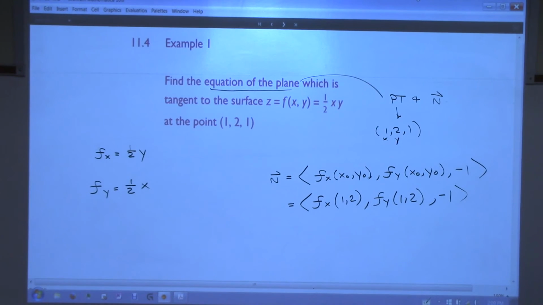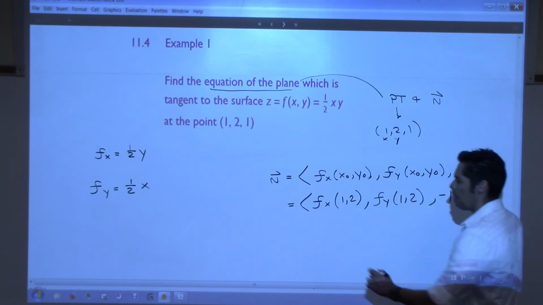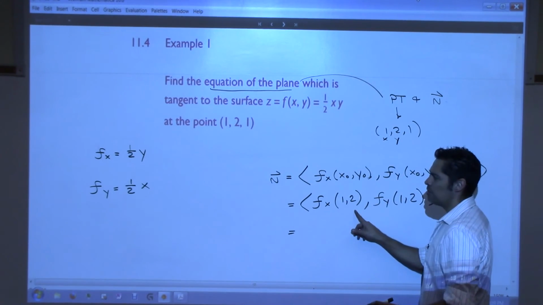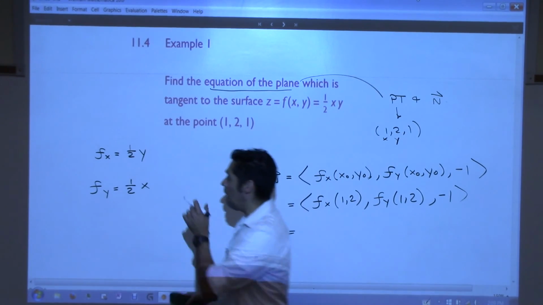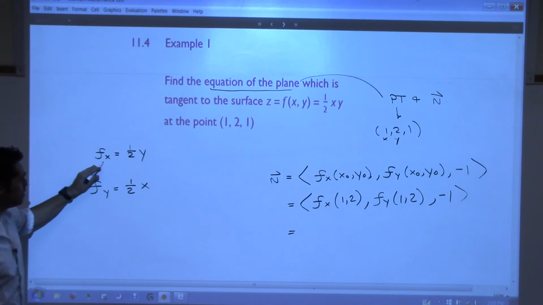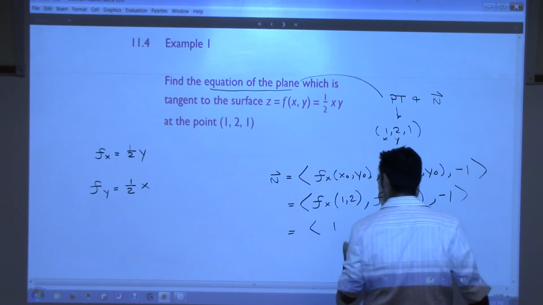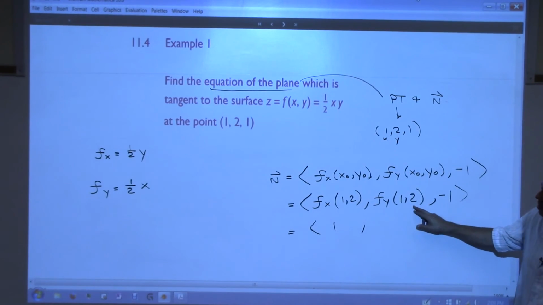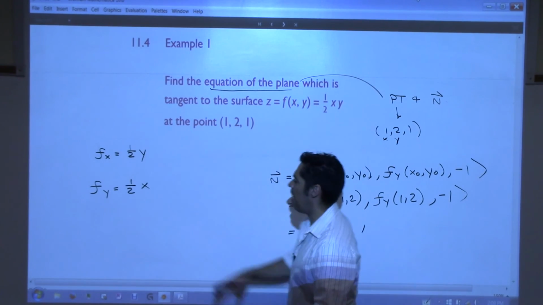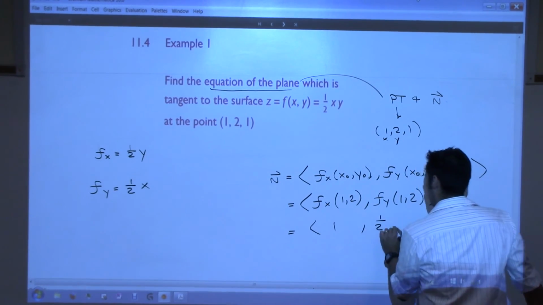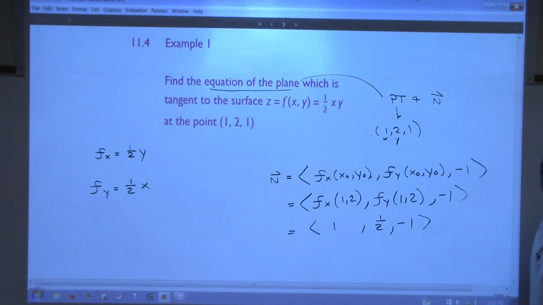We good? Let's go ahead and plug those in. What do you get when you plug (1, 2) into the partial with respect to x? You get 1. And then what happens if you plug (1, 2) into this one? 1/2. And then -1 we don't have to worry about. There it is.